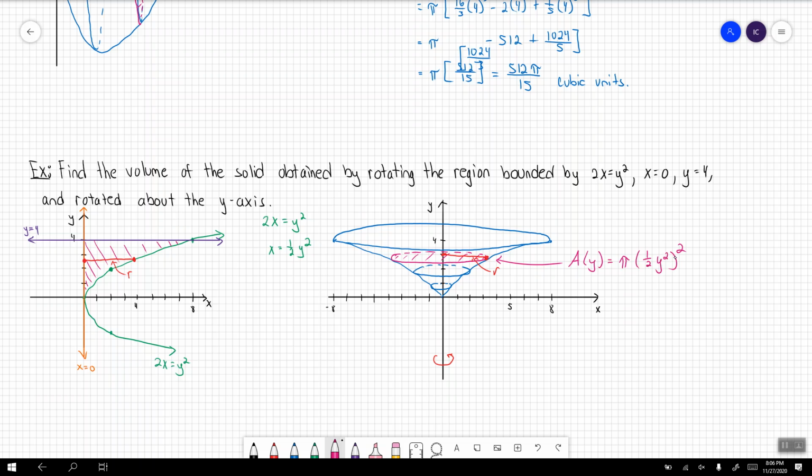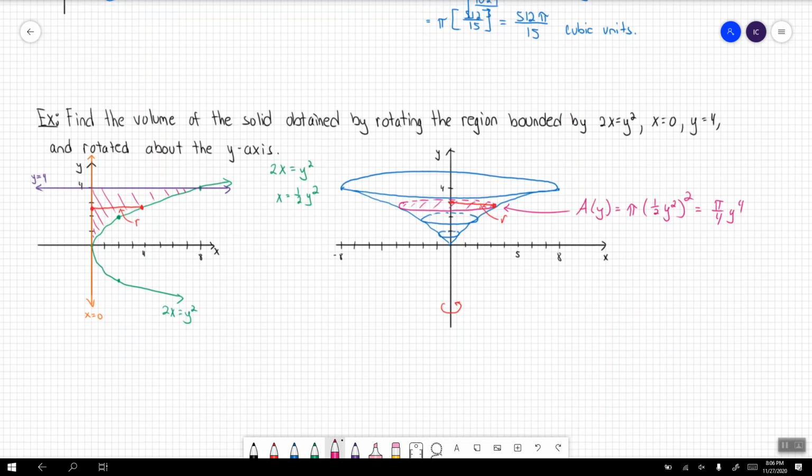So this is our area function in terms of y. And we could simplify this a little bit more. 1/2 squared is 1/4. Y squared squared is y to the 4th. So this turns into pi over 4 y to the 4th. And that's the function that we're integrating.